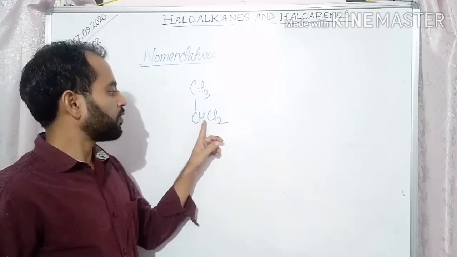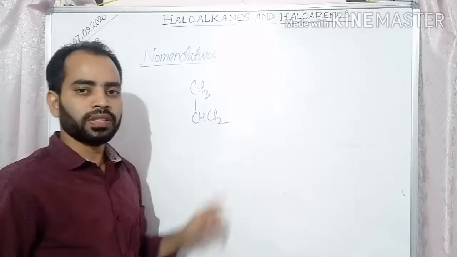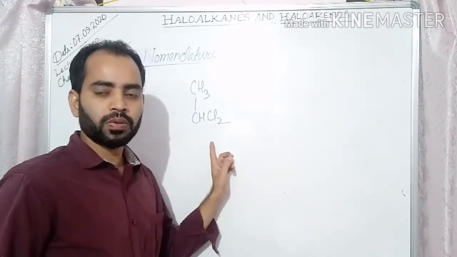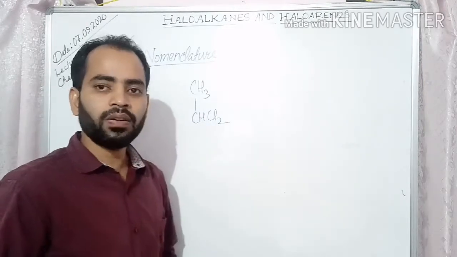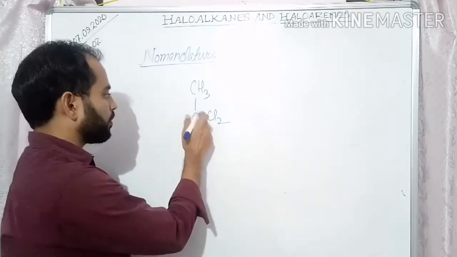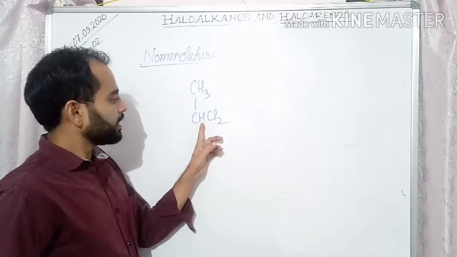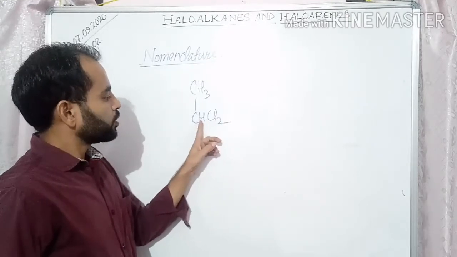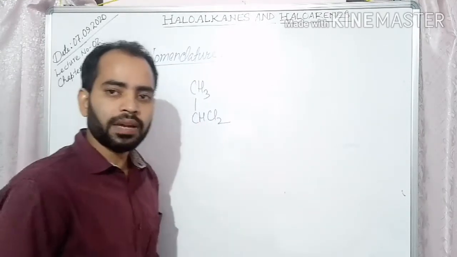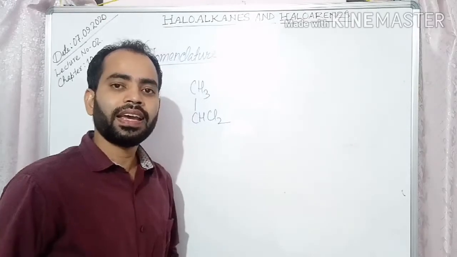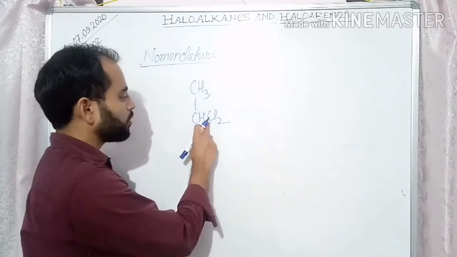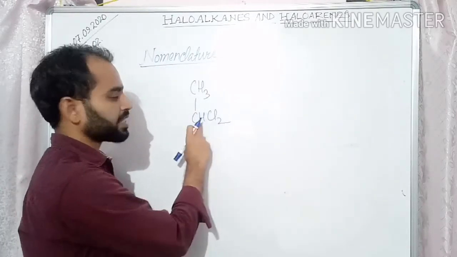Since 2 hydrogens are replaced by 2 chloro, that is halogen groups, it is called a dihaloalkane. I have taken this one to make you understand that in this molecule 2 hydrogens of the same carbon are replaced by the halogen. That is, 2 hydrogens are replaced by 2 chlorines from the same carbon atom.